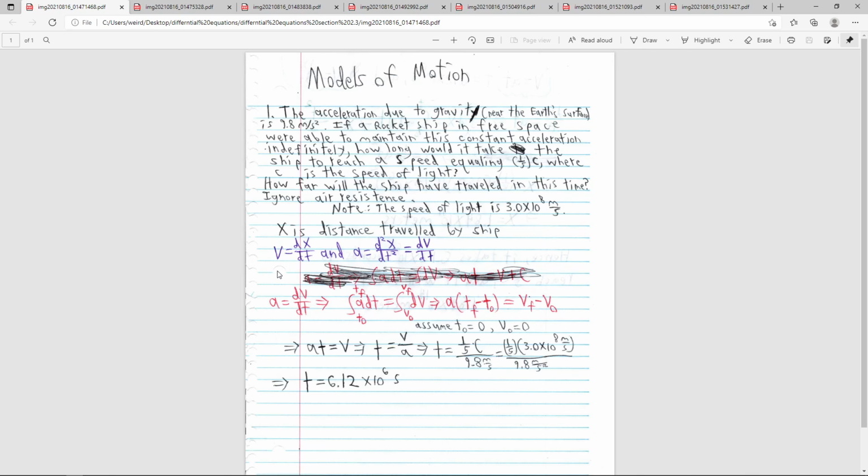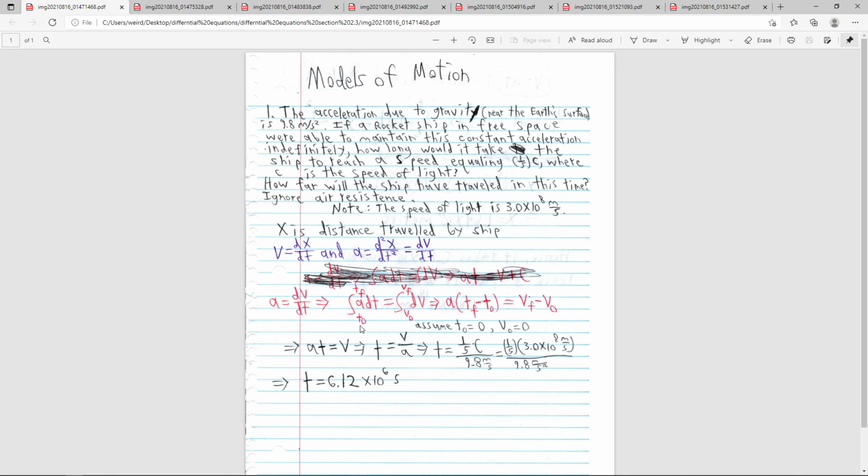So we know v equals dx/dt, and acceleration a equals d squared x/dt squared, which is equal to the derivative of velocity, so dv/dt. That's important. So acceleration equals dv/dt.